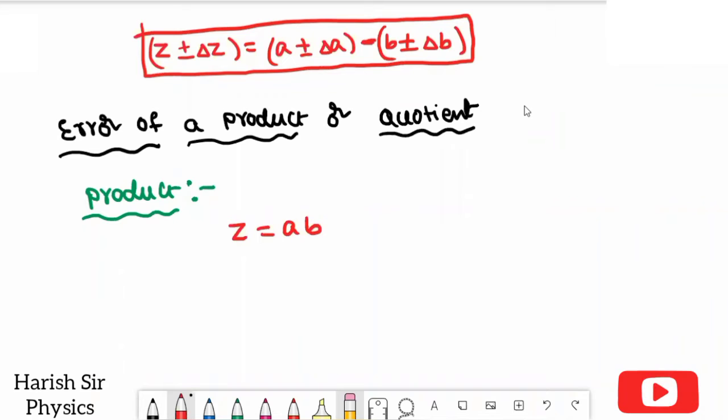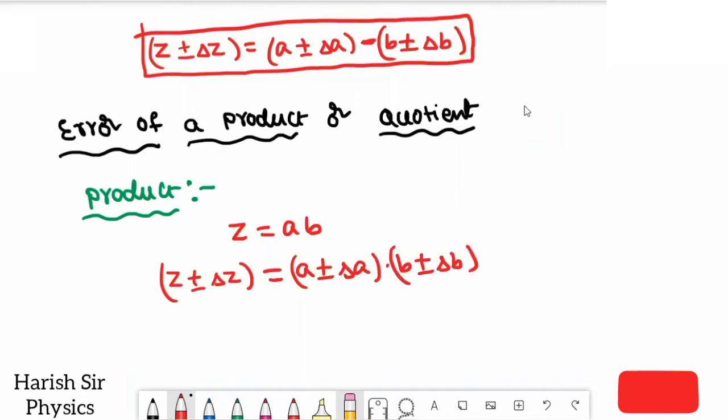If you write this equation with the errors, Z plus or minus delta Z is equal to A plus or minus delta A into B plus or minus delta B. Right? Here we added the error, either positive or negative.